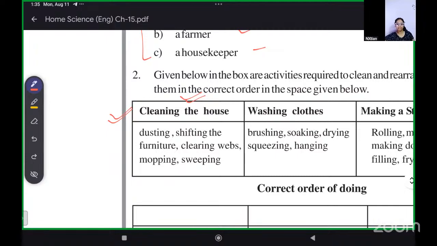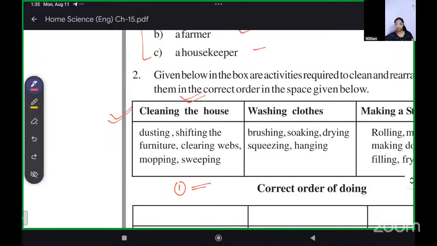I don't know if you should shift the furniture at the start or the end. We start with shifting the furniture. That is the first step. Because if you do not shift the furniture in the first step, then what will you do while shifting the furniture at the end?